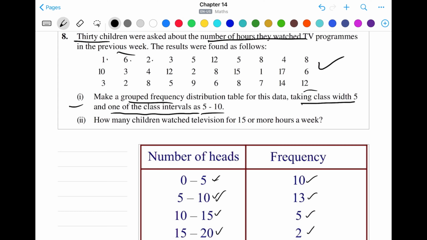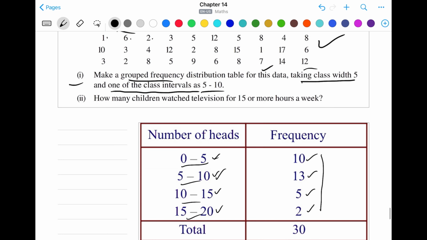Okay, you have to observe and go through this data and find out how many students are in each interval. I have directly written it here for you, but you have to go through all the data to identify the frequency of each interval. So that's the answer of part 1 of question number 8.